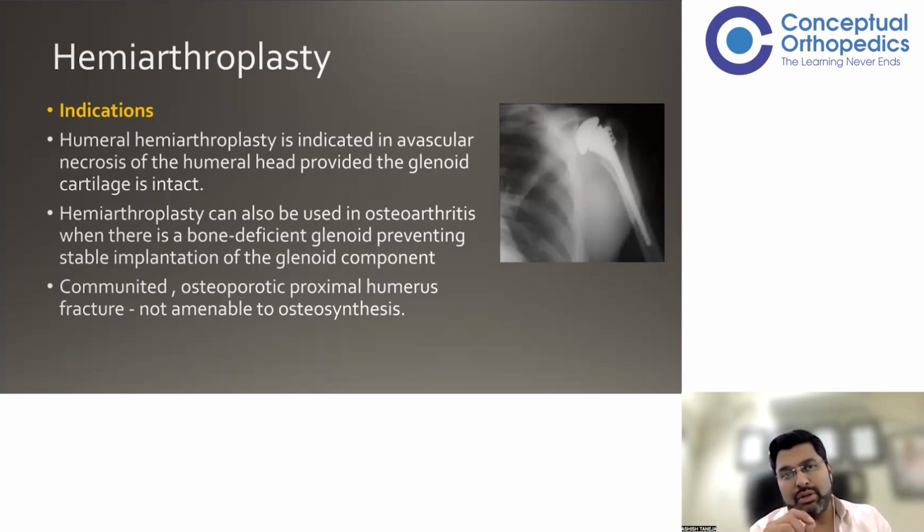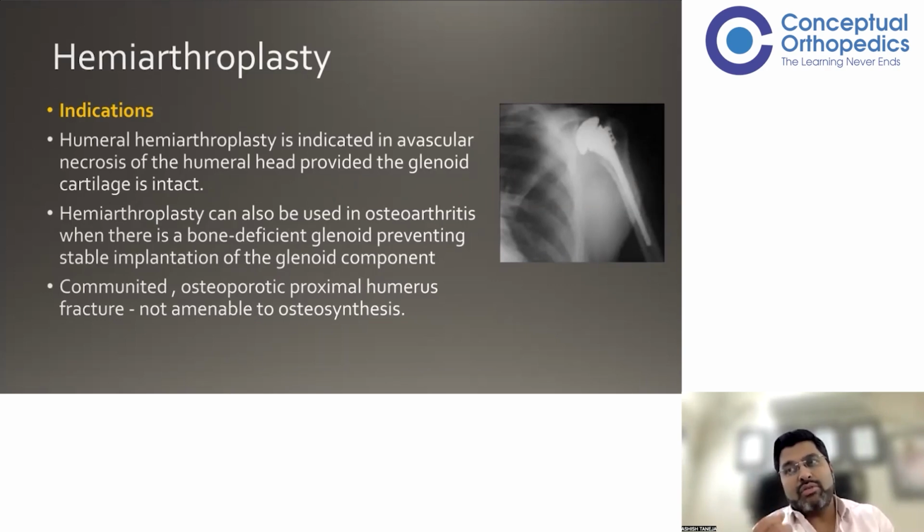In terms of hemi-arthroplasty, it can be done for an AVN patient of humeral head, provided the glenoid part is intact. So it is like a bipolar of the shoulder, hemi-arthroplasty of the shoulder.